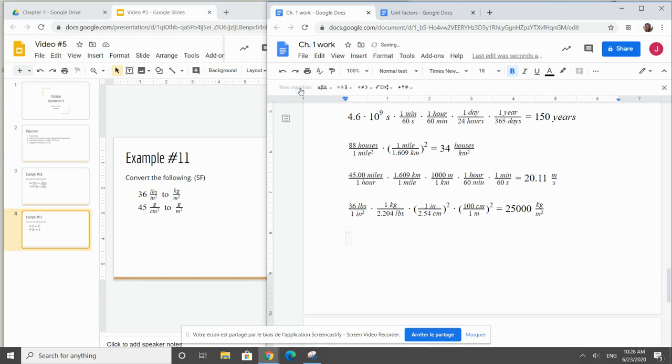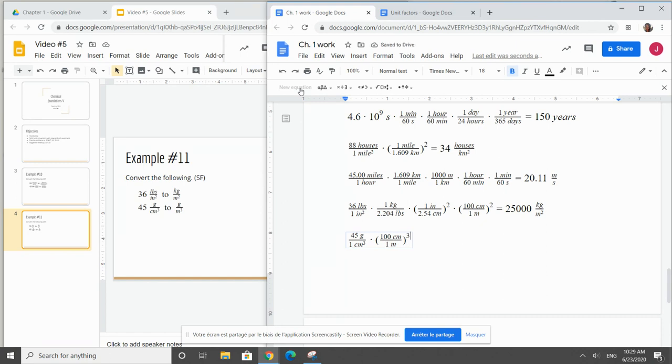Now we have one other. So I don't need to do anything with the grams because I want my final answer to be in grams. So I just need to convert cubic centimeters to cubic meters. There are 100 centimeters to a meter.